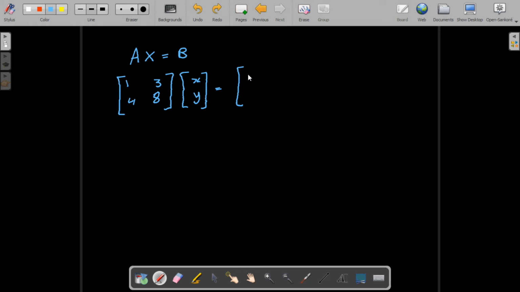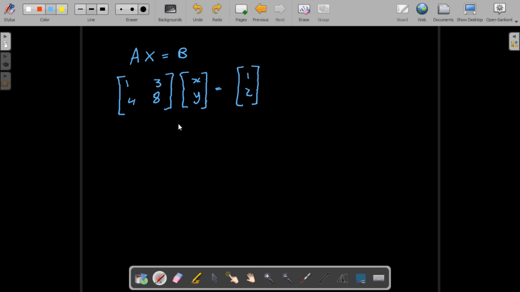When we find our inverse, let's say we've got the equation AX equals B and we want to solve for X. And we've got matrix A that might be 1, 3, 4, and 8. We're multiplying it by X, generally the matrix XY, and that equals B, which might be 1 and 2.